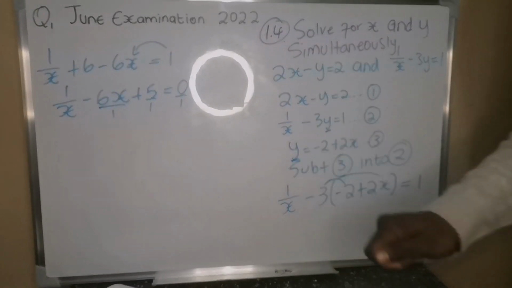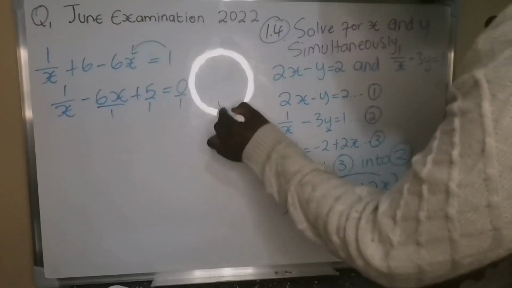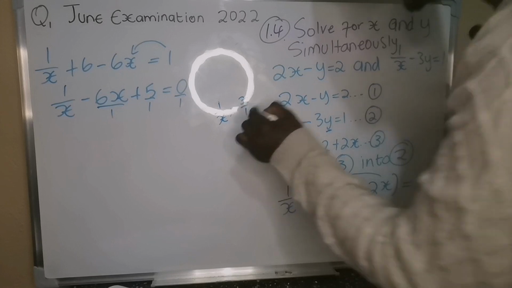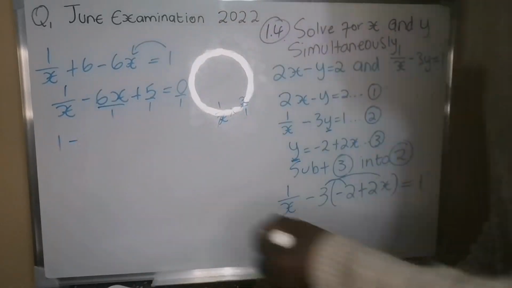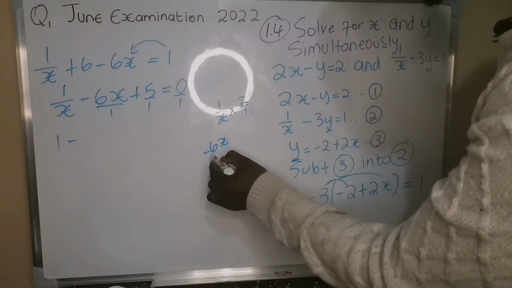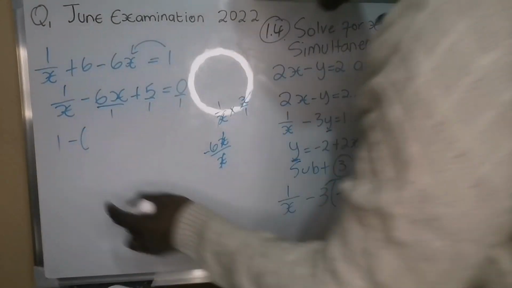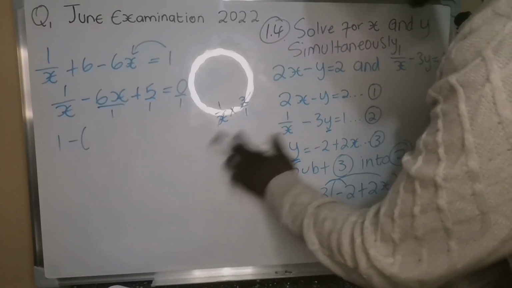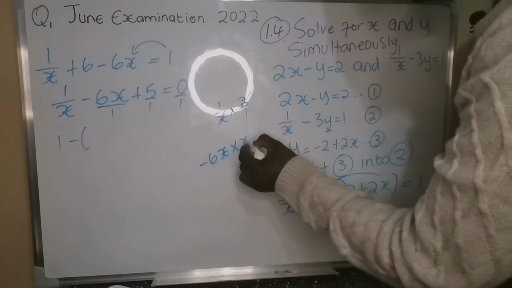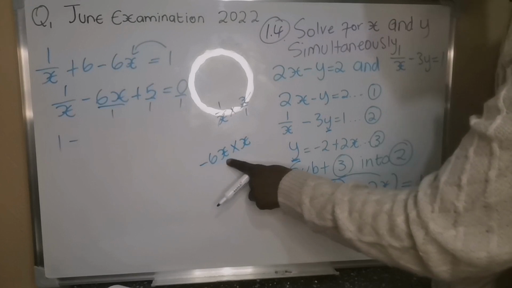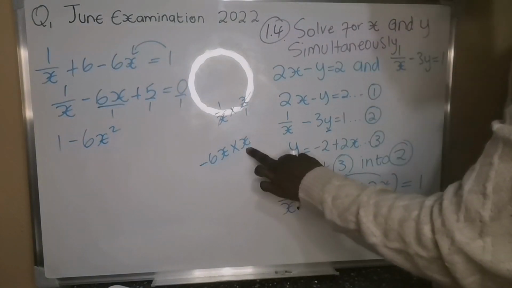I'm going to multiply x with each and every term I see. Now, 1 over x times x: 1 over x multiplied by x over 1, they cancel, giving 1. Then negative 6x multiplied by x gives negative 6x squared.